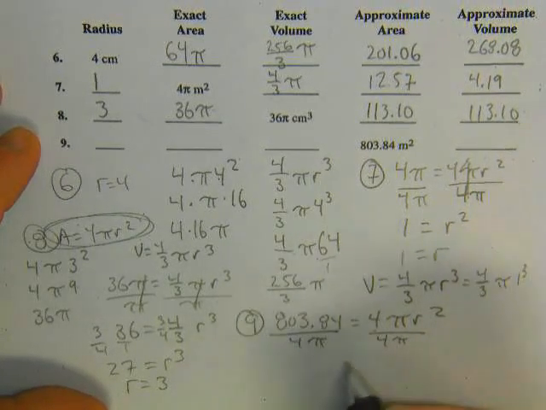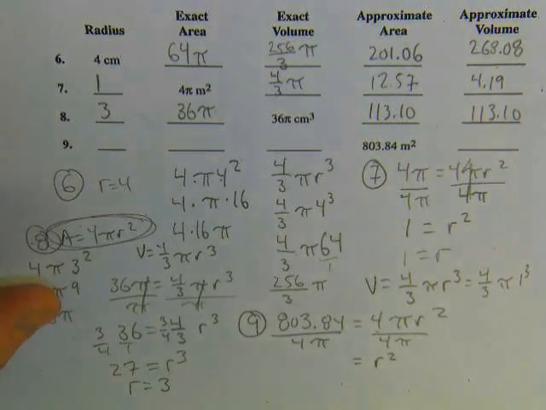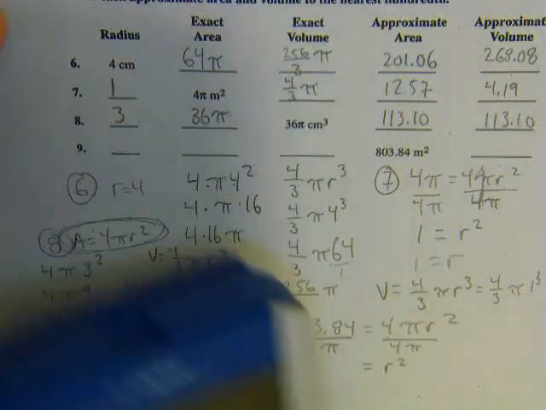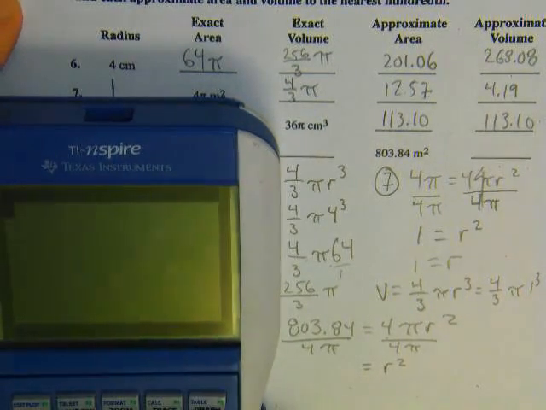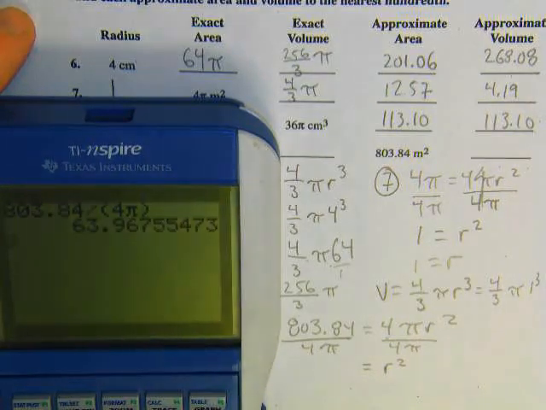That's going to leave me with r squared over there, which is a good place to be in. So I'm just going to throw that in my calculator. I got 63.96755.